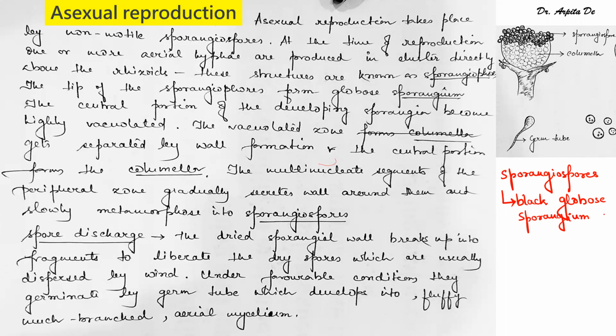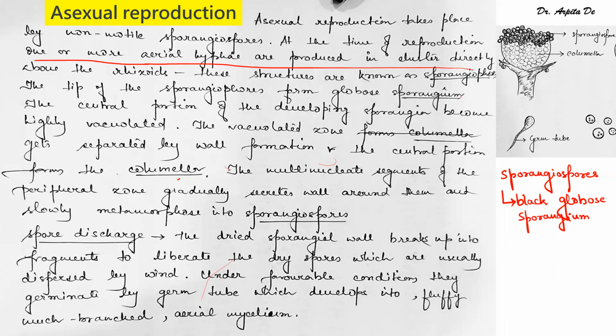At the time of reproduction, one or more aerial hyphae are produced in cluster directly above the rhizoids.